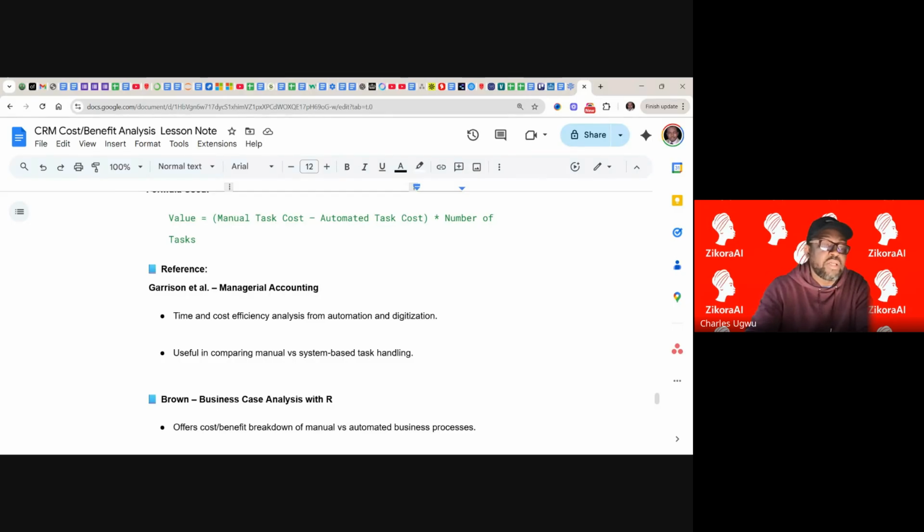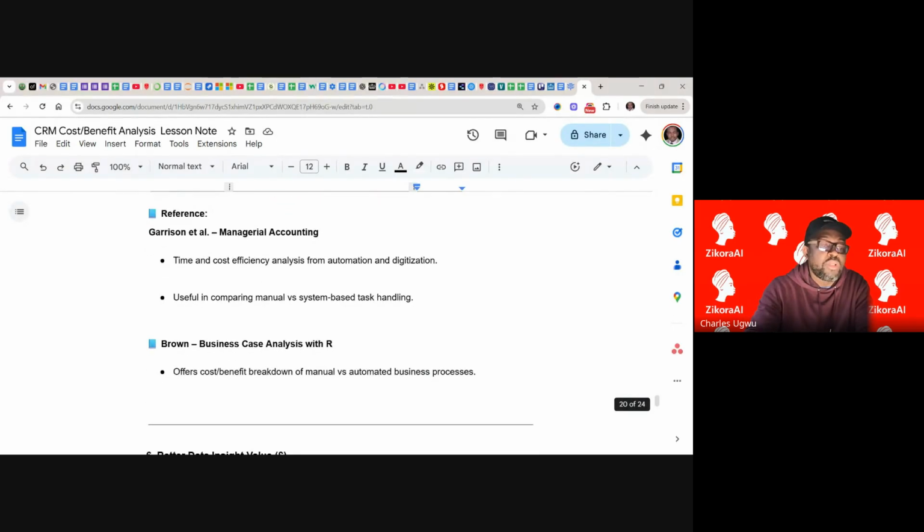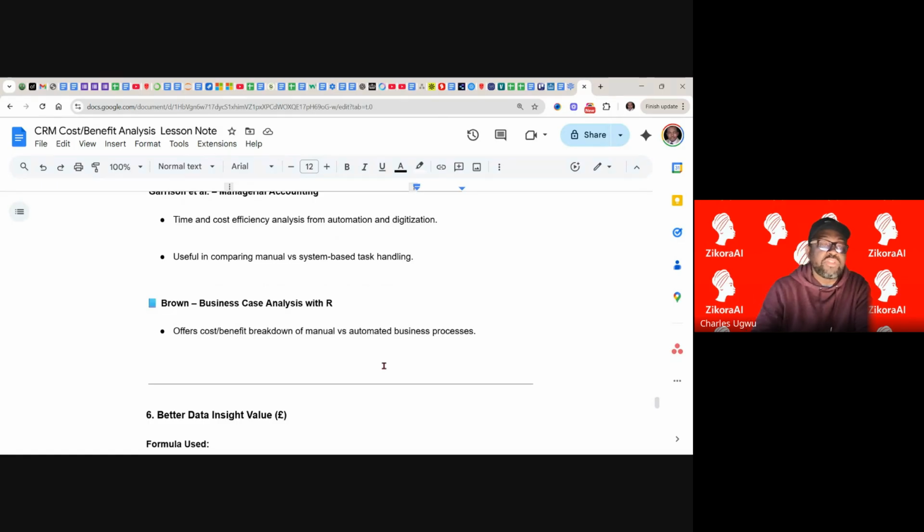Like I told you, that is not only for CRM, it's system. System is automation. Then Brown, in Business Case Analysis with R, equally offers cost-benefit analysis breakdown on manual versus automated business processes. You see, it didn't say CRM, it says automated business.